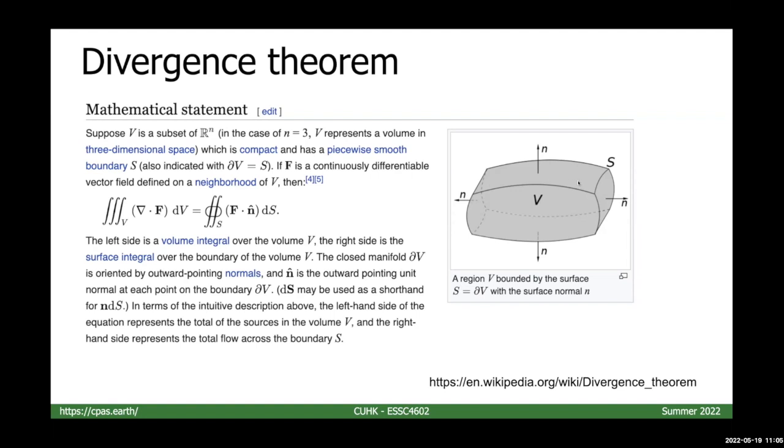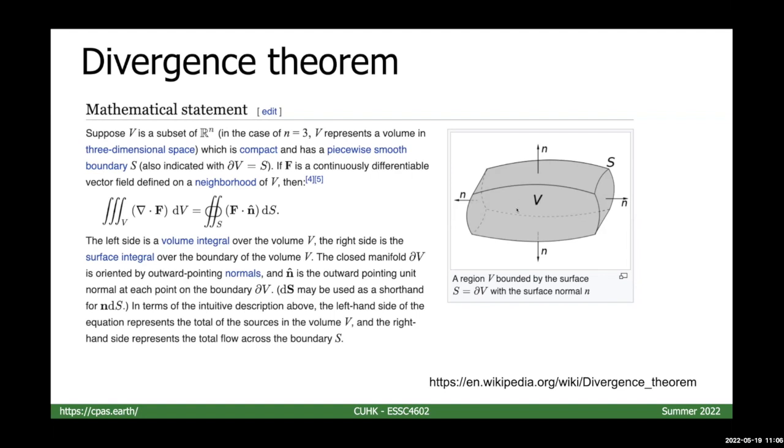We also take the average and use just one vector or one number to represent the average wind on this face. So the flux is basically this wind vector times the area of the face. So this will be proportional to the amount of air going out of this face.